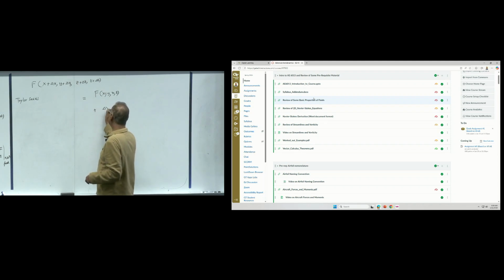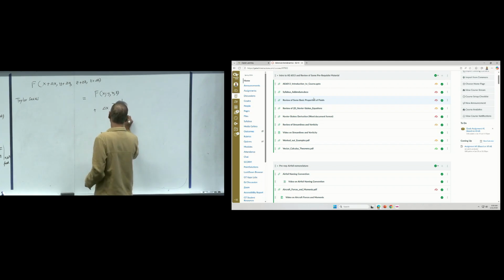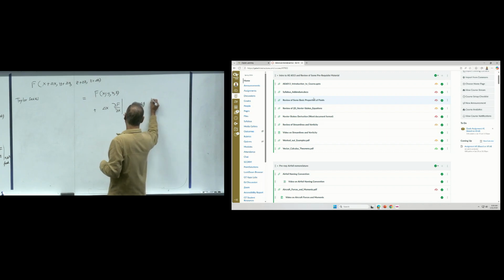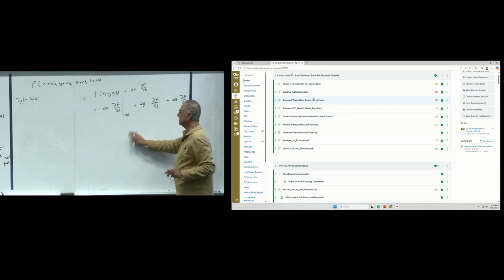Then you'll get delta x times df/dx at the starting point, the x, y, z location. Then you'll have delta y times df/dy. Same thing, delta z times df/dz. And let's not forget delta t times df/dt. So we get a longish expression like this.